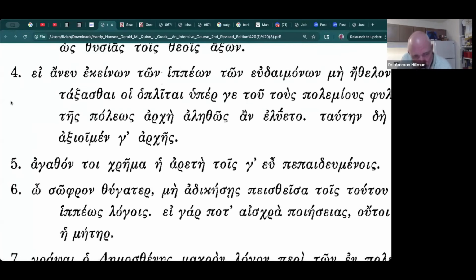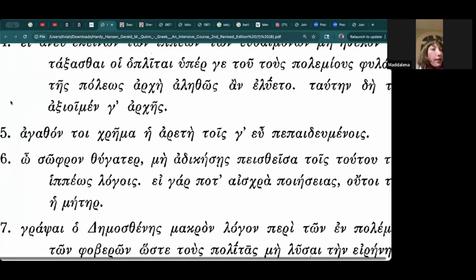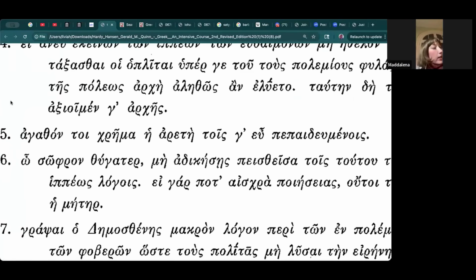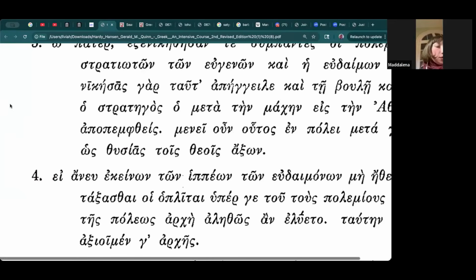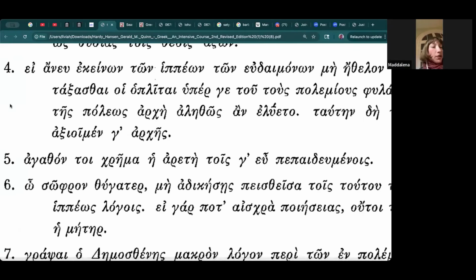Do you see number 5 starts with agathon? Okay, yeah, on 278. Agathon, toi, chrema, he arete, tois, pepaideumenos.